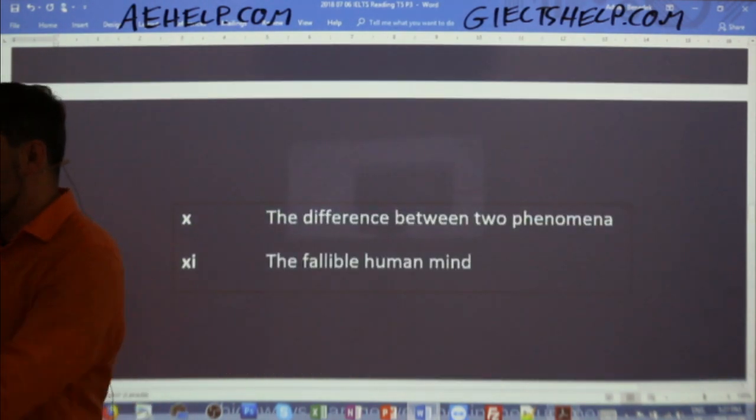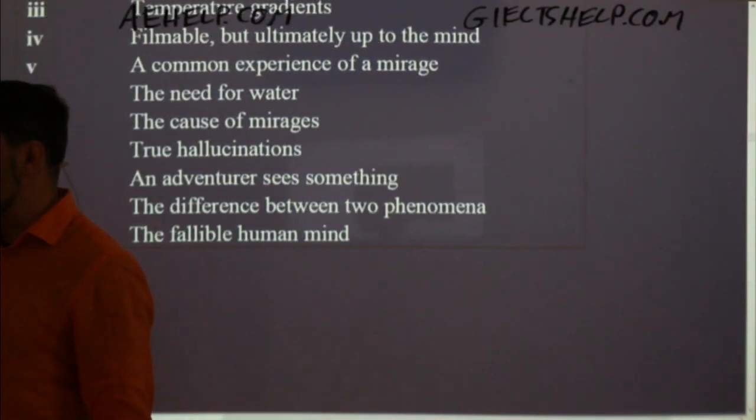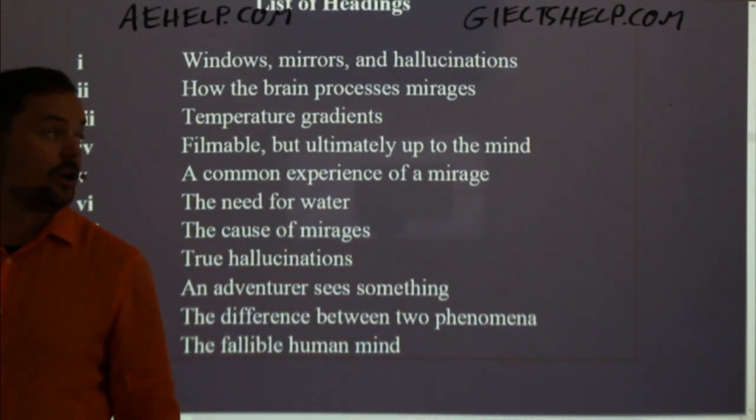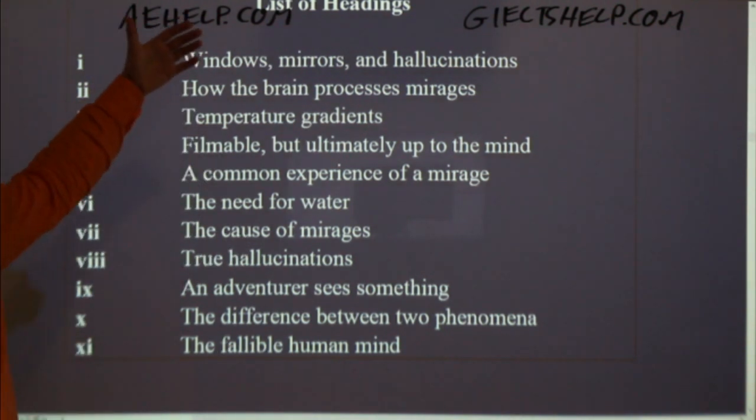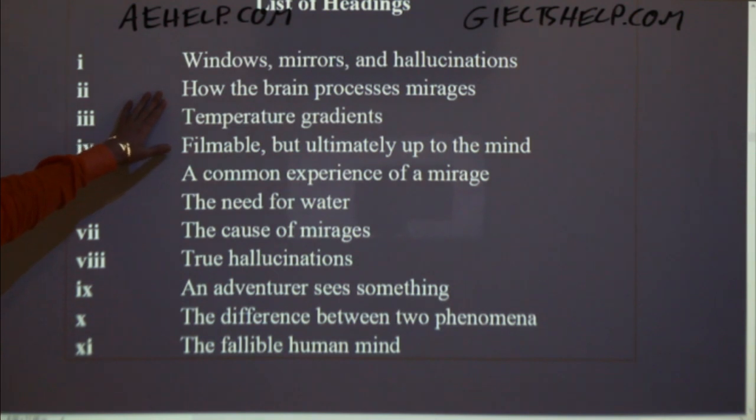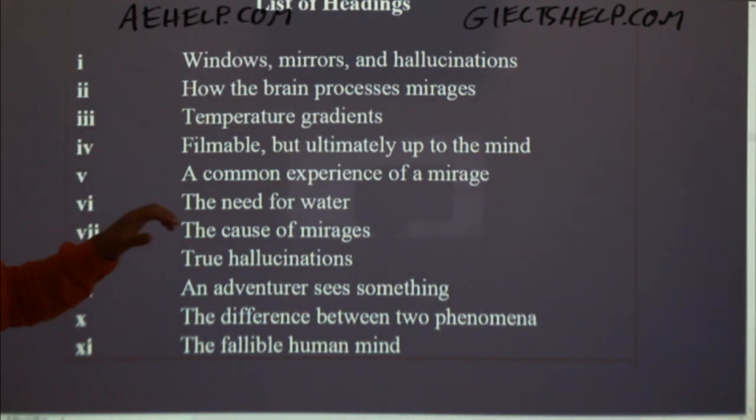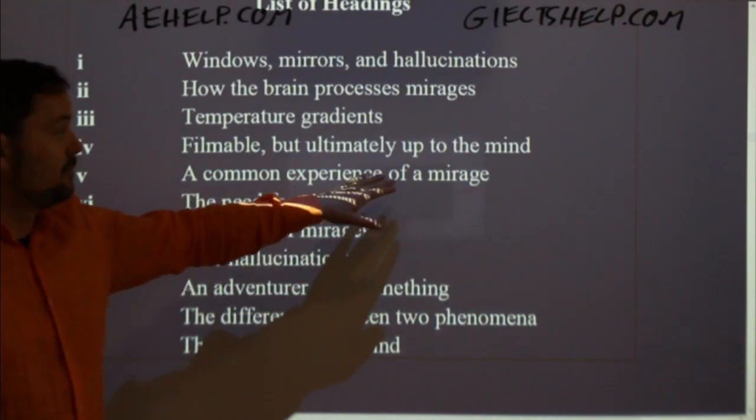So which of these choices match that answer? So which of these choices match that answer the best? Windows, mirrors, know how the brain processes temperature gradients, filmable but ultimately up to the human mind, a common experience of a mirage. That looks great.